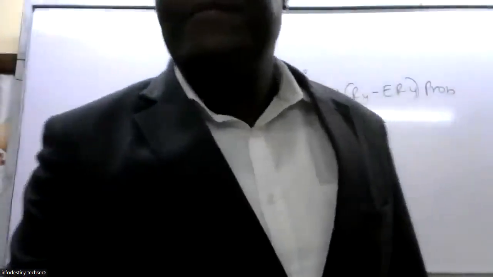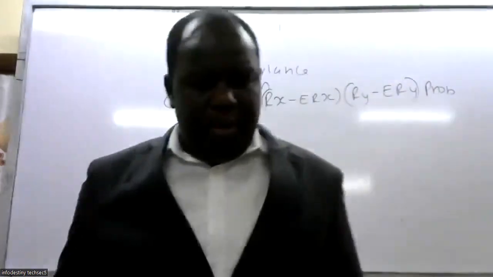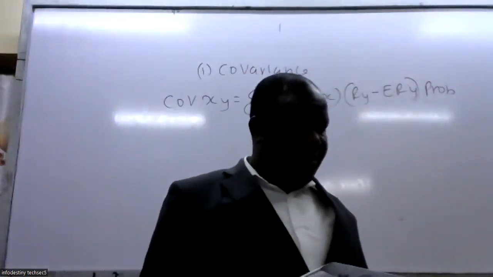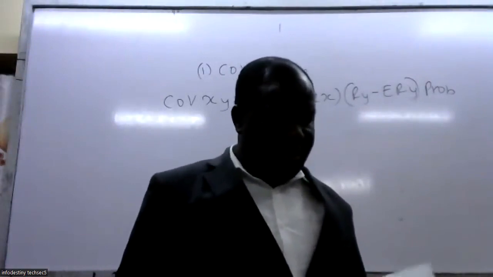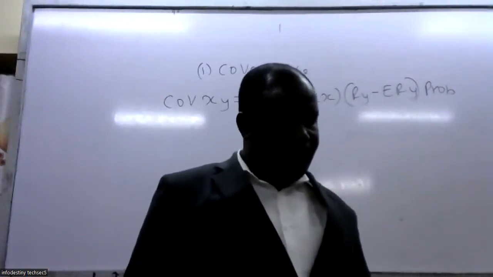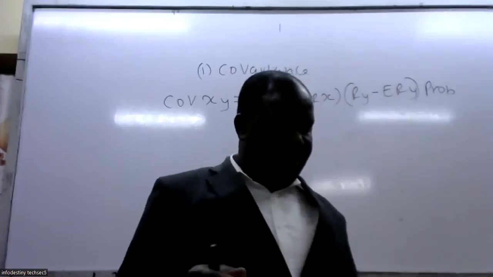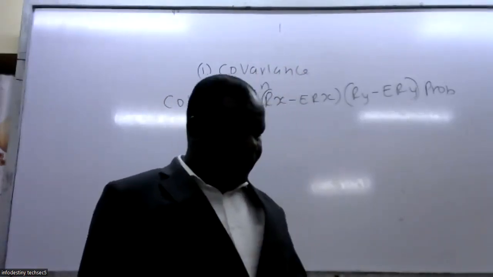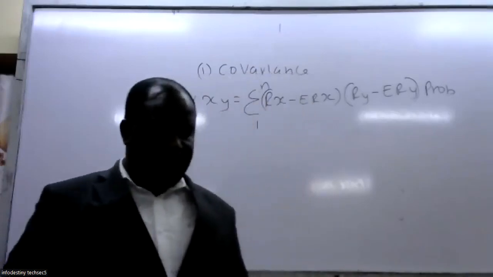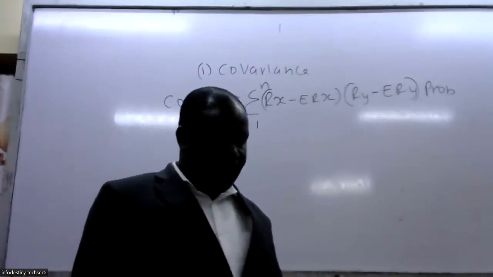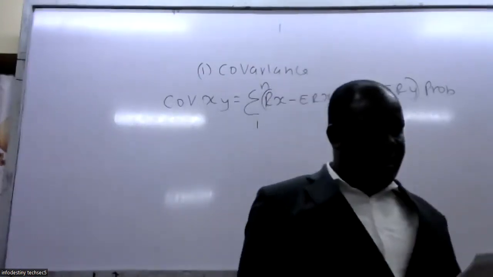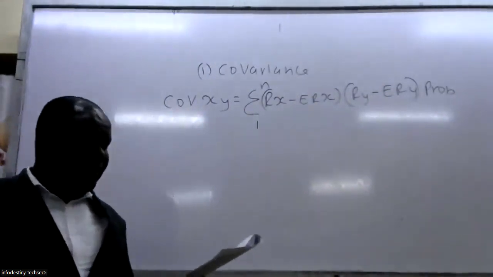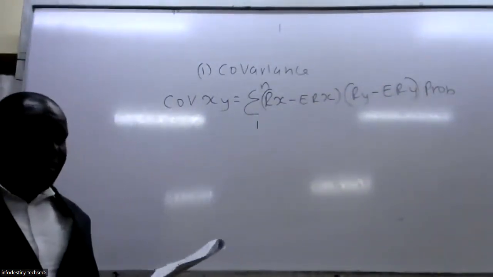So we have seen the question. So we can go through the question for November 2019, question number 3, part B. So the question reads that Duncan Kipchumba has an investment capital of shillings 1 million.